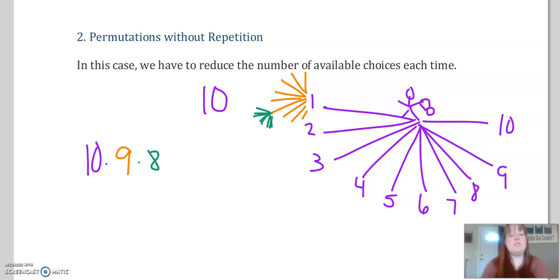So how many different ways can we pick a first, second, and third place winner from 10 people? Well, that would be 10 times 9 times 8, which would be 720. There'd be 720 different ways that we could pick a first, second, and third place winner out of 10 people.